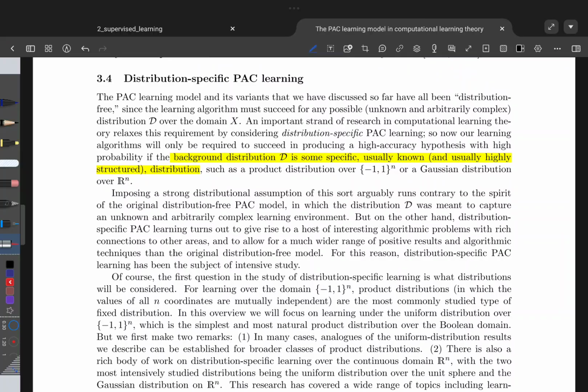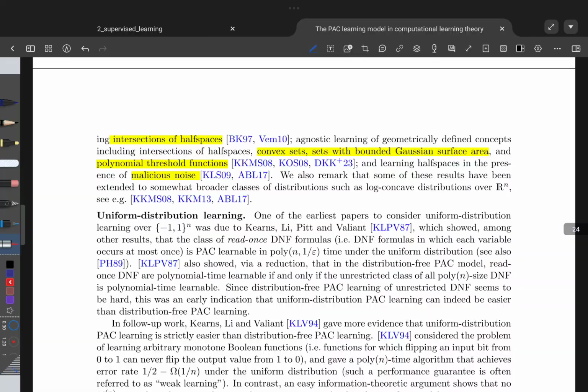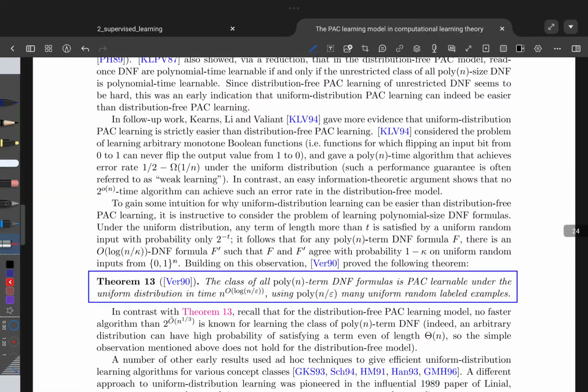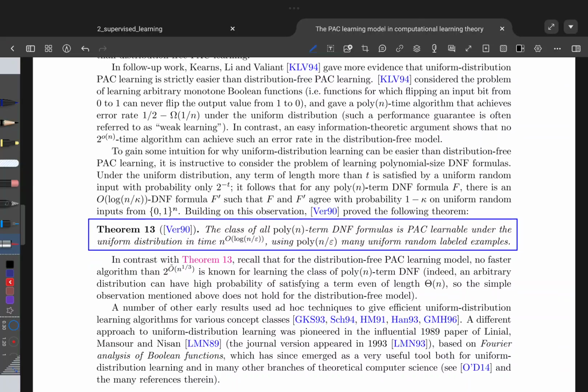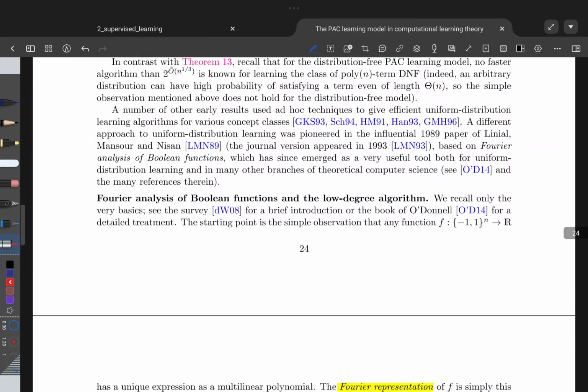It's usually some simple distribution. And even in these cases, it's known that assuming this fixed input distribution makes the problem a lot easier. So for many problems where it's hard to prove results in the distribution free setting, it is possible to prove nice results in the distribution specific setting.